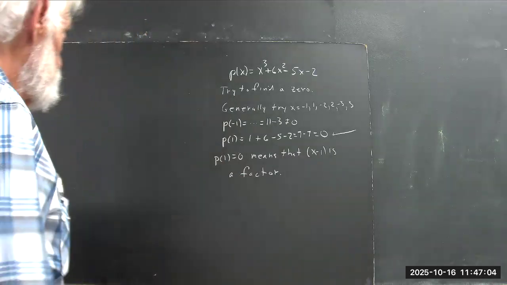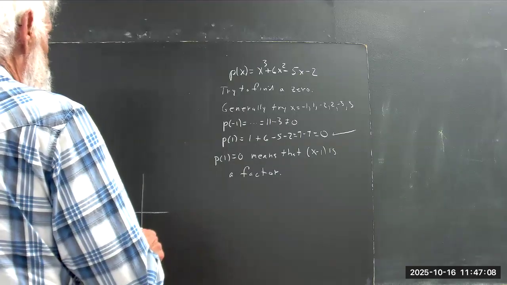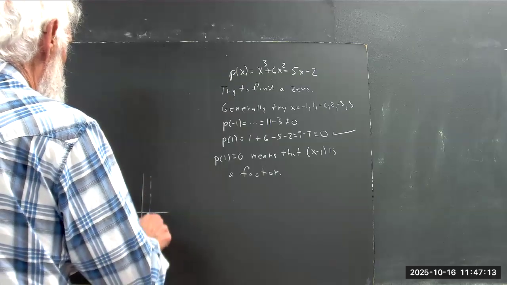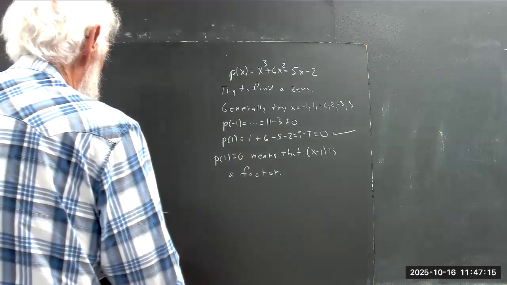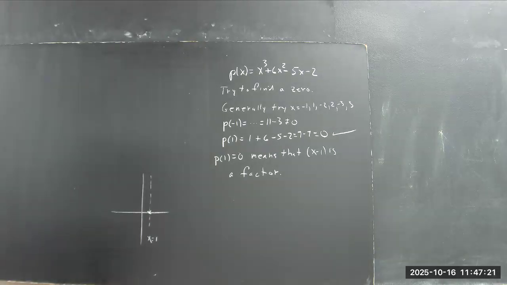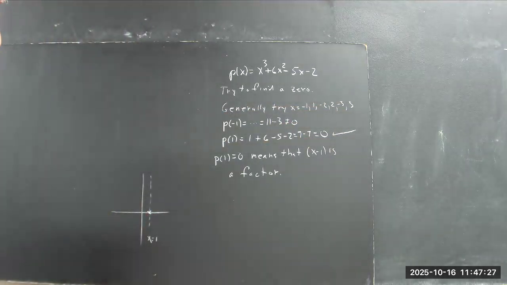So we can immediately write the x-intercept at 1. By trying these numbers, we've found an x-intercept.